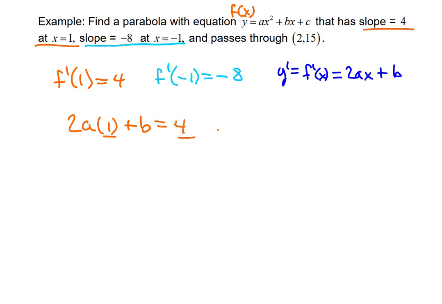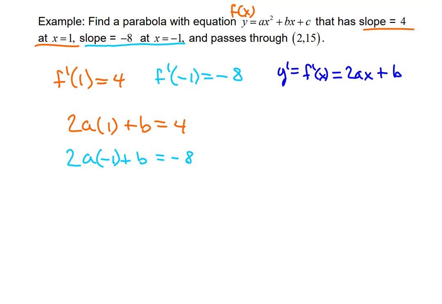That's f prime of 1 equals 4, which is what they gave us. Secondly, 2 times a times -1, so now this is f prime of -1, plus b equals -8. So again, f prime of -1 equals -8. We're just plugging that information into the derivative that we've already calculated.